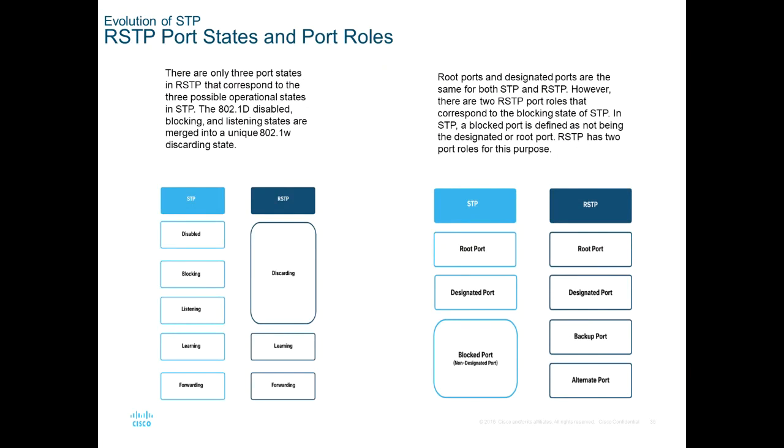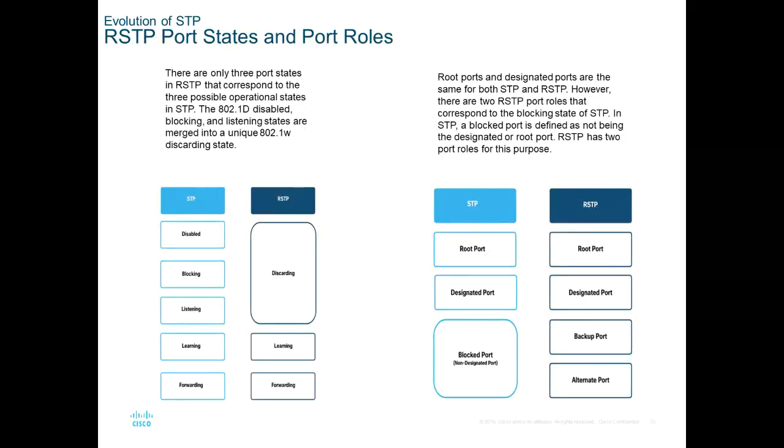Now, if we look at the port status, root ports, same. Designated ports, same. Block port or non-designated port, oh, hang on, we've got a difference here. We have backup ports and alternative ports in rapid spanning tree.